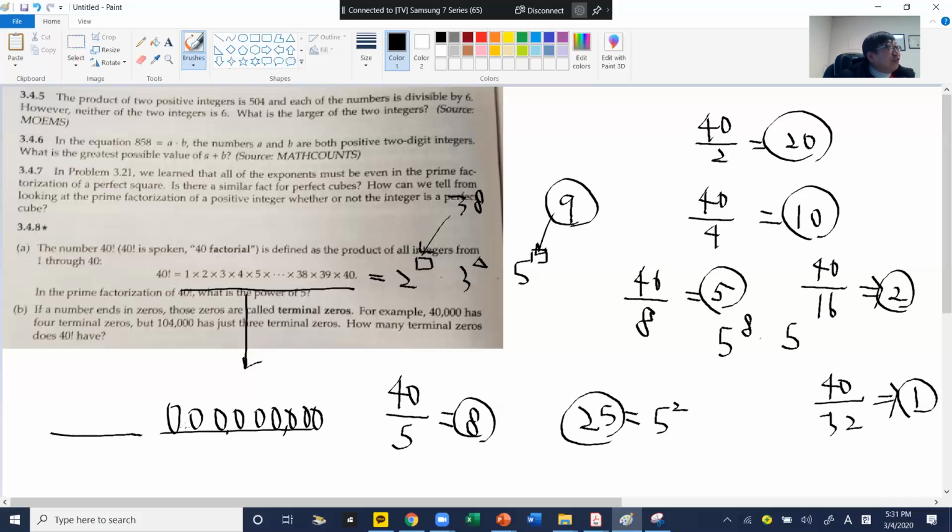If you asked for the power of 2, then you would still get 9 zeros. I said just having 2 to that power is enough. You don't care about that one, okay? If you want to find how many terminal zeros, you only consider the power of 5 in the prime factorization. When they ask you about terminal zeros, understand me?